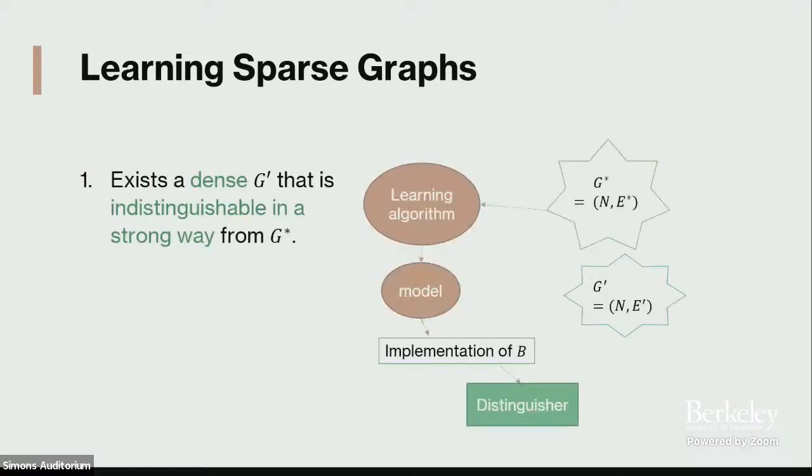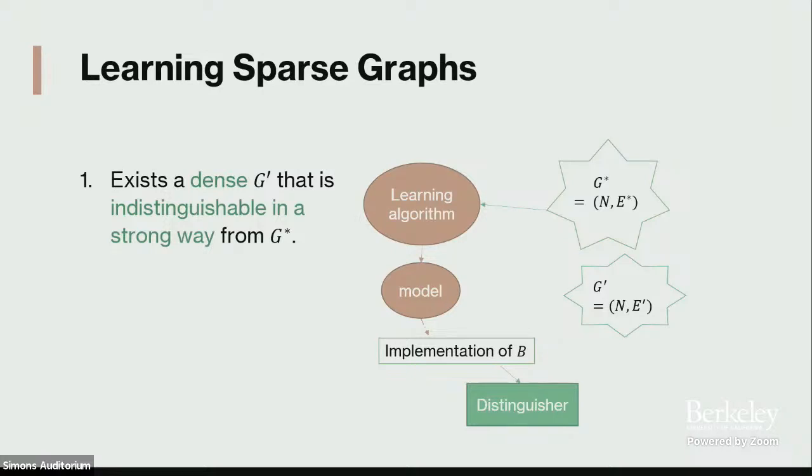So at a very high level, our learning algorithm receives samples from our sparse graph G star, but from the strong regularity lemma for sparse graphs that have no dense subgraph, we know that there exists a dense graph G prime that is indistinguishable from our input.